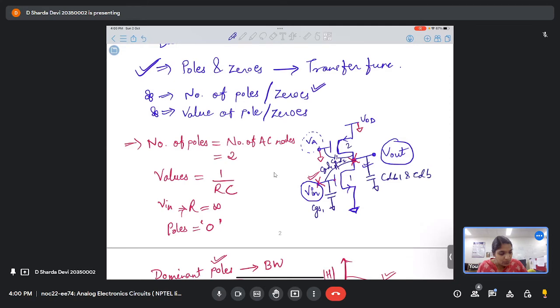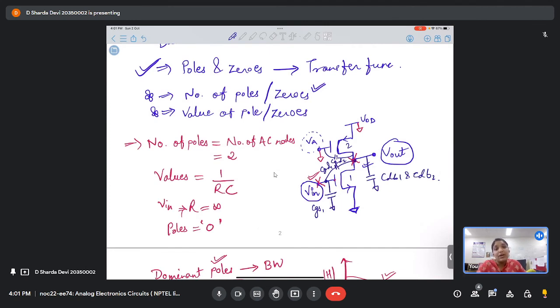So how many zeros do we have in this particular circuit? It is the number of capacitors connecting your input and output node. How many capacitors are there between your input and output nodes? That will give you the number of zeros. We have 1, because this is the only capacitor that is connecting our input and output. So we'll have a single zero.